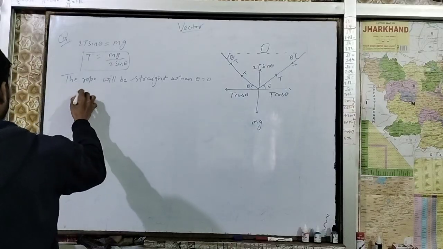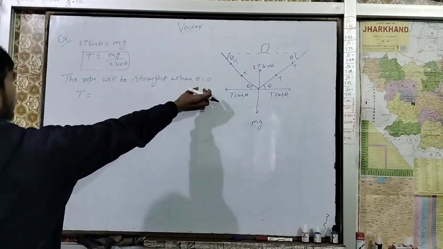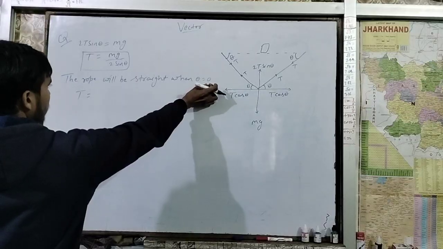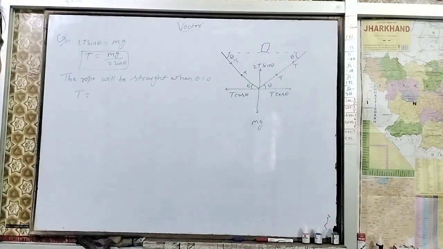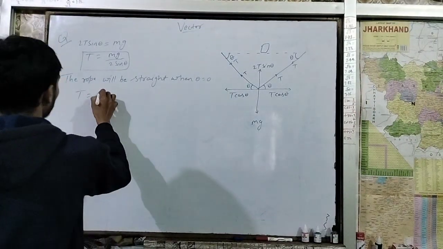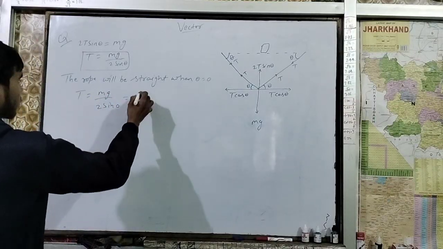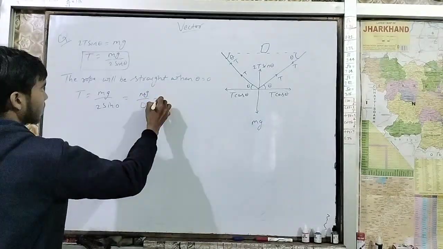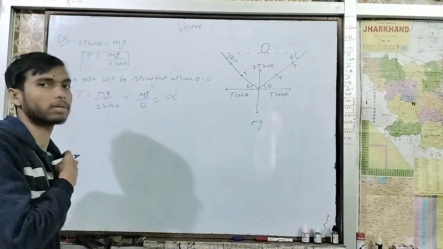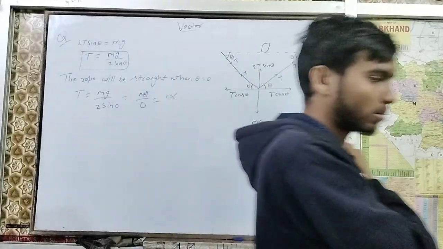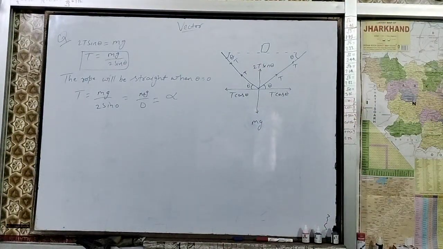So here you can write T is equal to mg upon 2 sin theta. When you put theta as 0, what will happen? Sin theta will become 0, so T is mg upon 0, which is infinity. Tension is infinity.